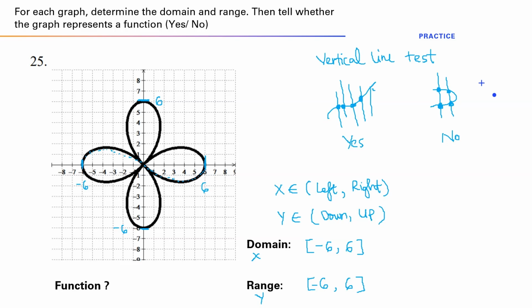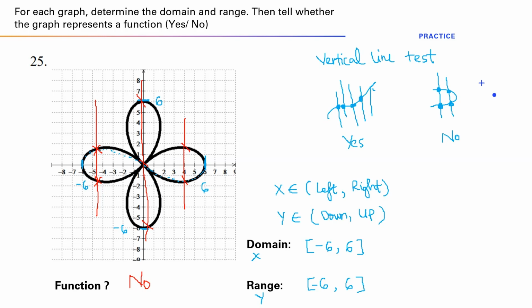And is that a function? So we use the line, we cross. Okay, so here we cross 1, 2. Here we cross 1, 2, and 3. Here 1, 2. Right, so it has to be no, it's not a function because it failed the vertical line test.